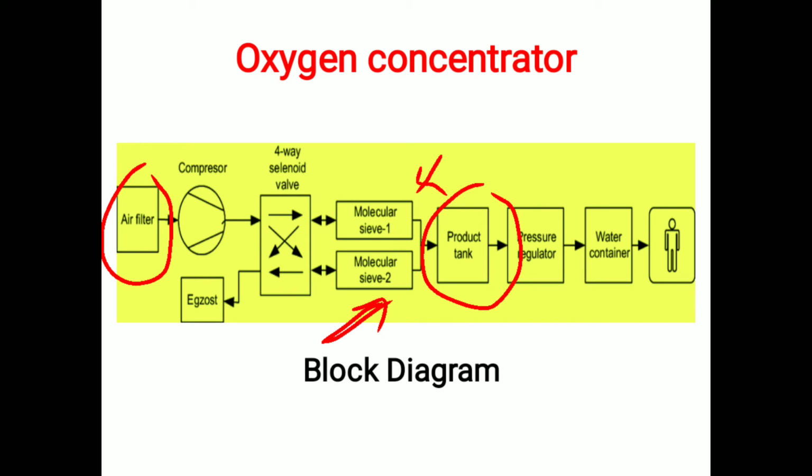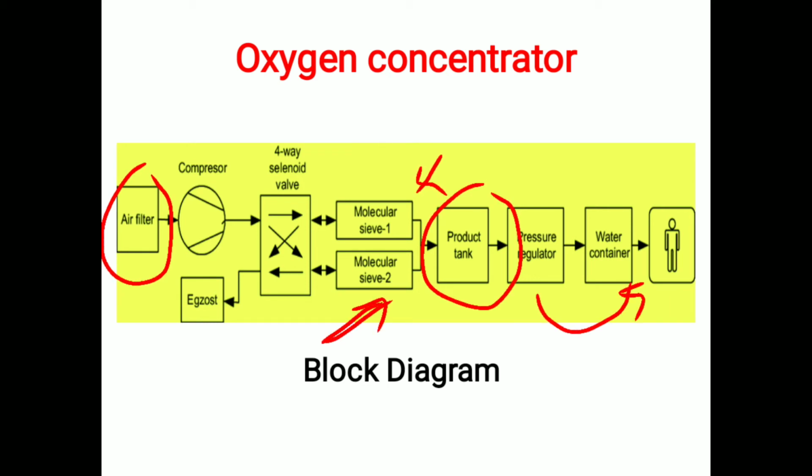And this is the water container. So the oxygen generated inside this molecular sieve is dry oxygen. We can't supply dry oxygen to the patients because a patient needs some moisture in the oxygen. So for adding moisture to this dry oxygen, we are passing it through this water container.